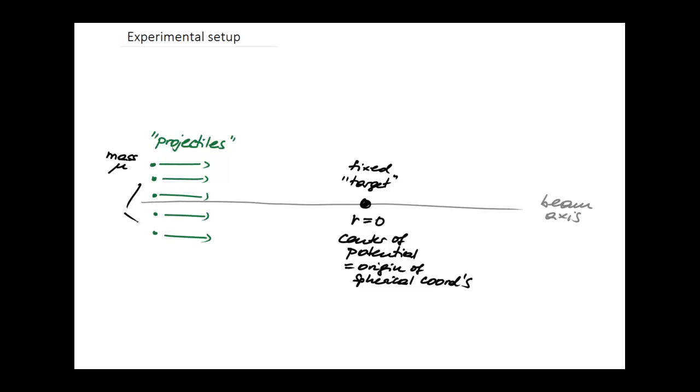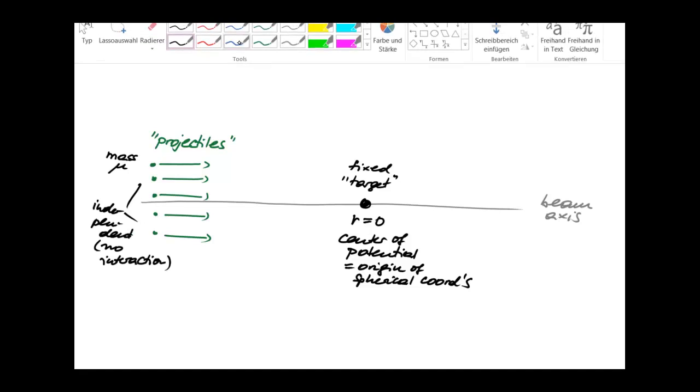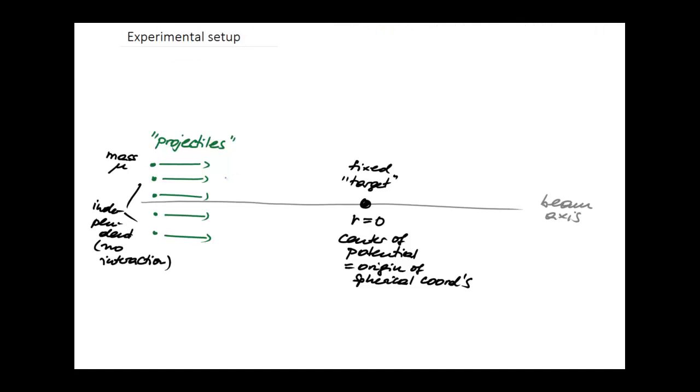One important assumption is that the beam consists of many, many projectiles, and we make the assumption that these individual projectiles are independent of each other, so they don't interact amongst each other. Now let's pick out some specific projectile.